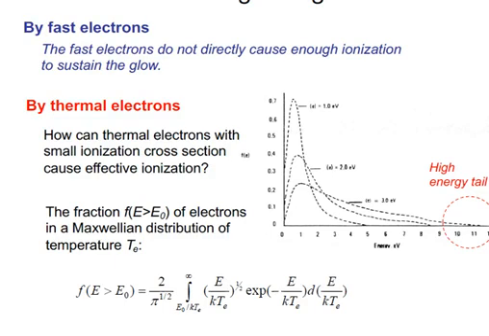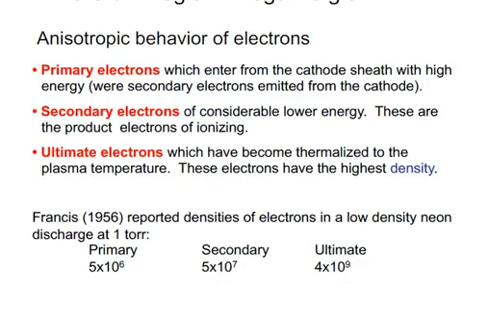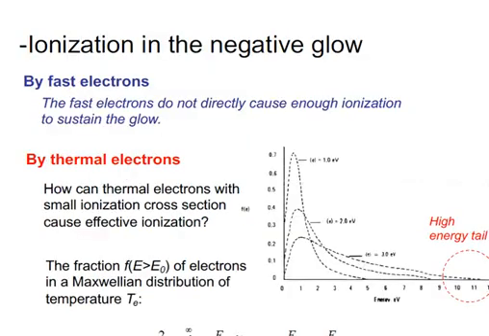Okay, so this part becomes the most important part. The primary or the fast electrons, their density is very low. Even the secondary electron density is also low. But the ultimate electron, or thermal electron, their density is very high.